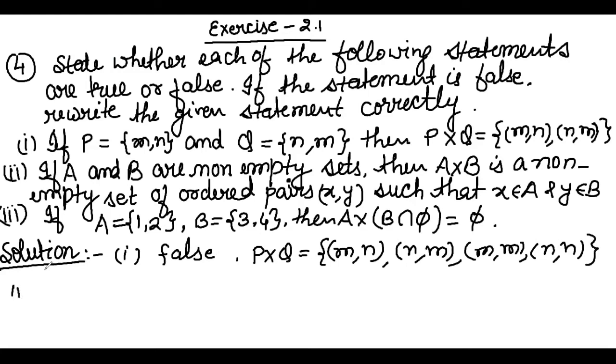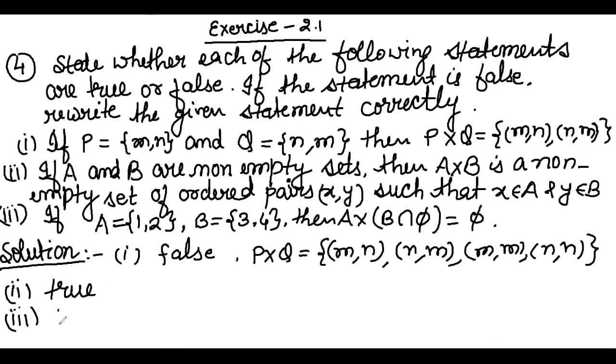Now the second one: if A and B are non-empty sets, then A cross B is a non-empty set of ordered pairs (x, y) such that x belongs to A and y belongs to B. Yes, it is true. So I'm going to write true. Third: if A equals {1, 2}, B equals {3, 4}, then A cross B intersection phi equals phi.